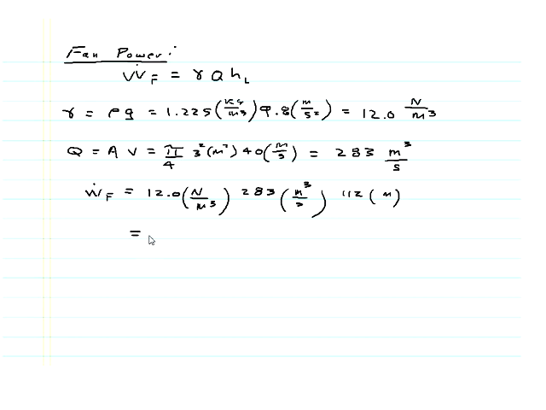And this comes out to be 3.8 times 10 to the 5th. The units are newton meters per second, and a newton meter per second is a watt. So this is 3.8 times 10 to the 5th watts, or 380 kilowatts.